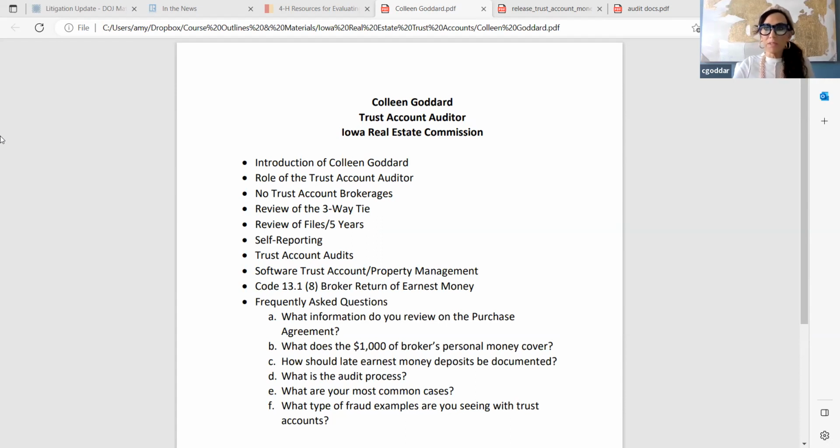A good example is I just audited a California brokerage, and he was doing business in Iowa. So anyone that does business in Iowa, we do have a duty to audit them. We write reports, we attend investigative meetings every month, we attend commission meetings every month, which are typically the first week of the month.